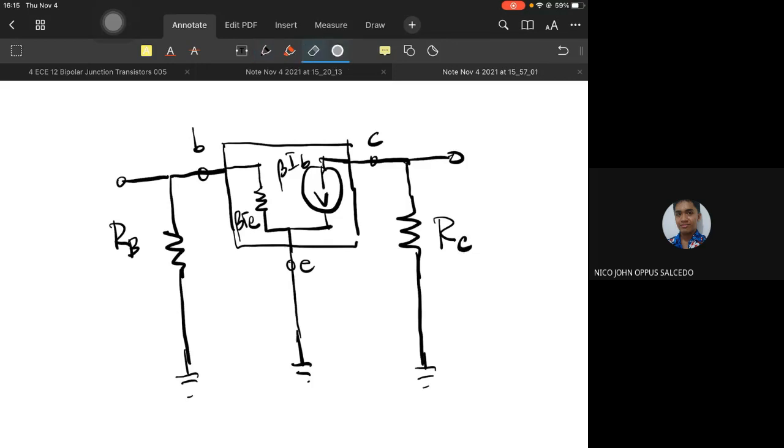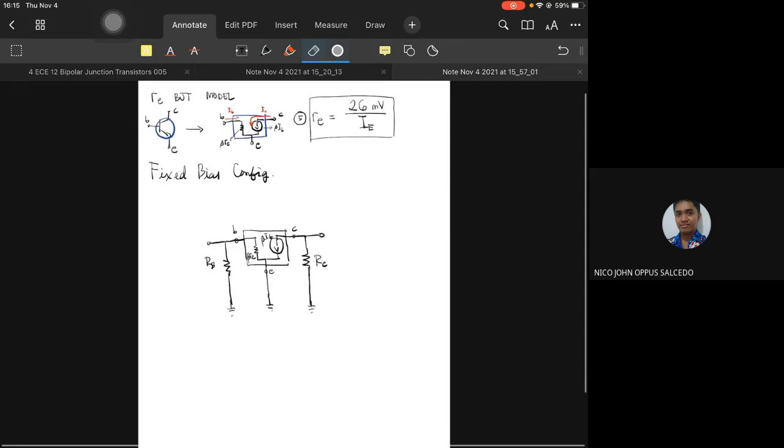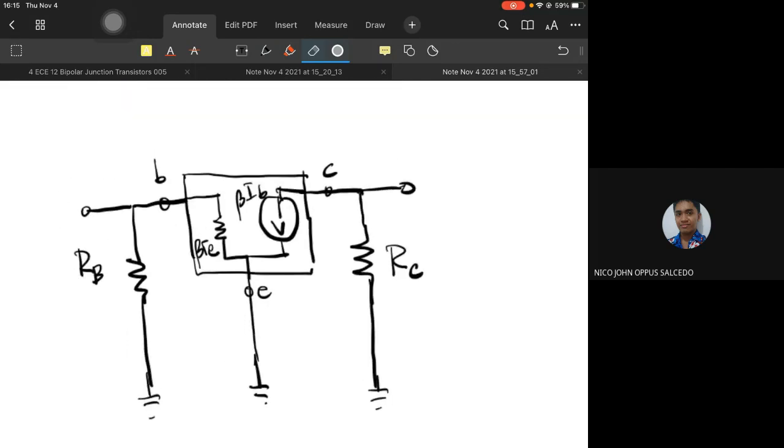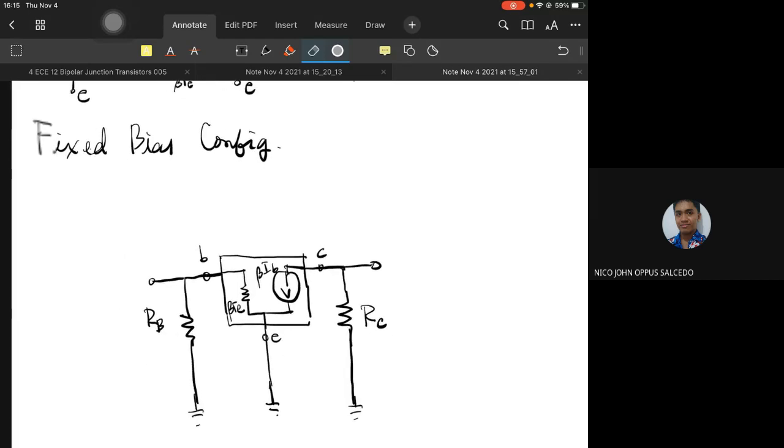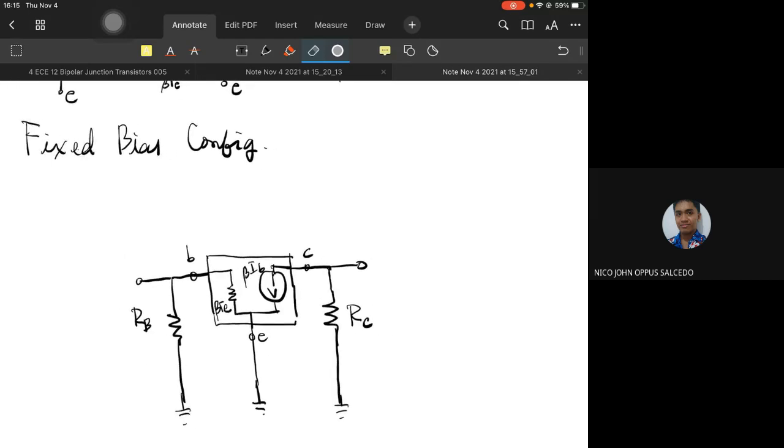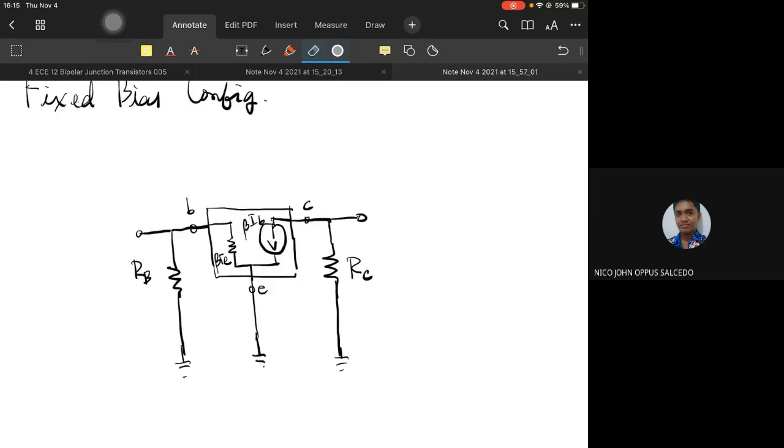So, sa atong mga parameters nga need, ZI, ZO, AV: voltage gain, input impedance of the whole amplifier, and the output impedance.